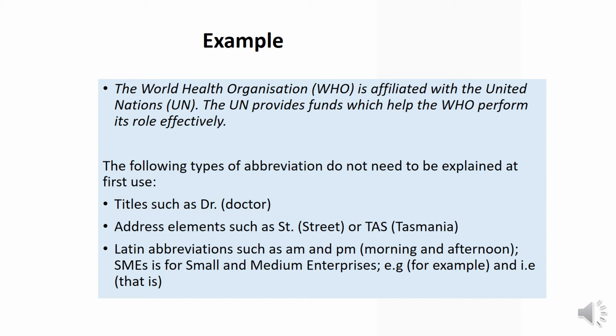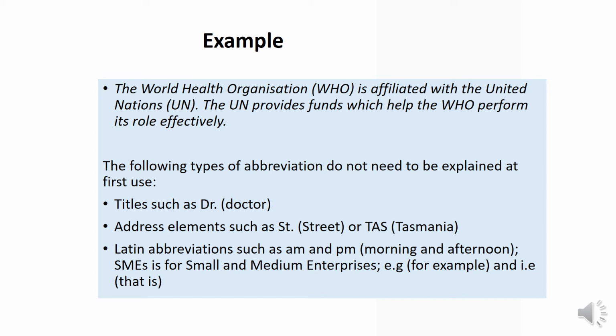The following types of abbreviations do not need to be explained at first use. Not all abbreviations have to be explained at first use. For example, titles such as Dr refer to doctors. Address elements such as St refer to street, or TAS to Tasmania.